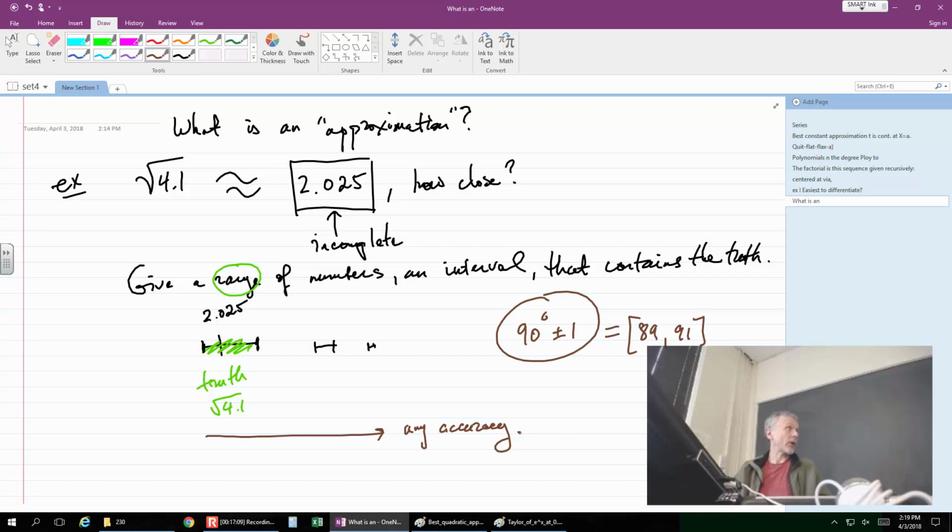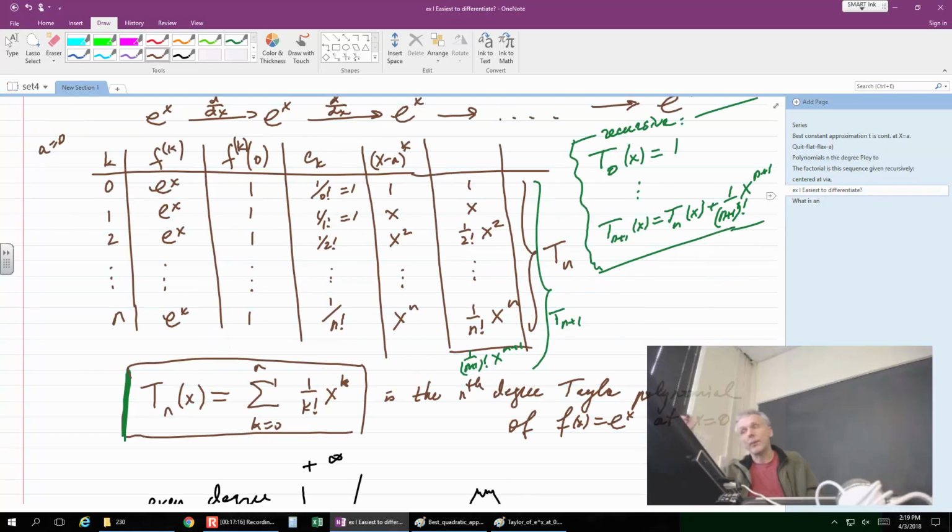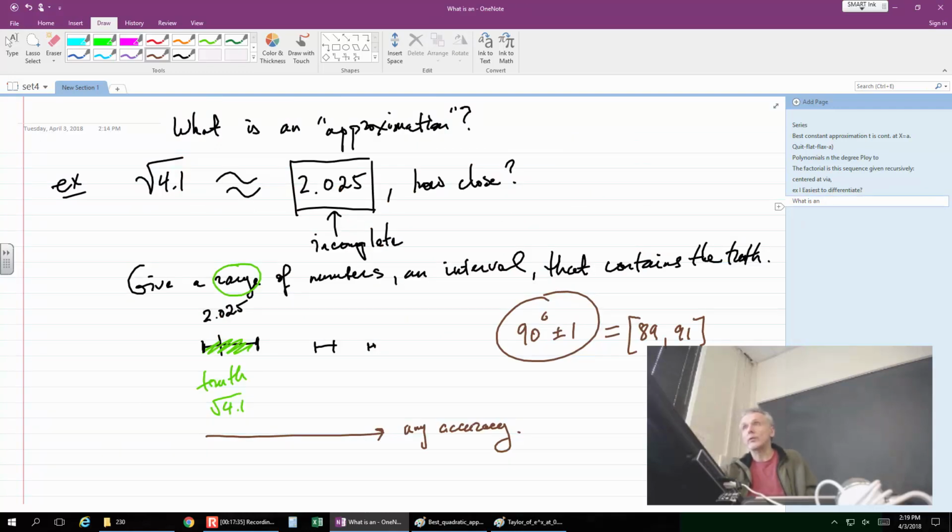There is a way to find out, at better and better degrees, and those degrees are literally the degrees of those Taylor polynomials that we have. So if, with the exponential function, we want to increase the accuracy, that's how we increase it: we increase the degree of the Taylor polynomial. The trade-off is that you will have more computations, but you'll get more and more accuracy, and that range of values will be smaller and smaller and smaller.